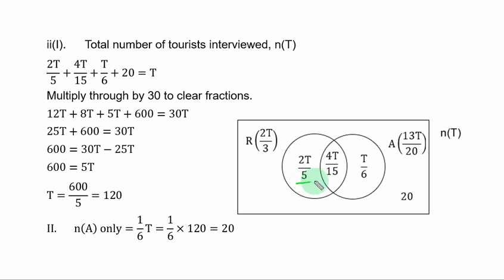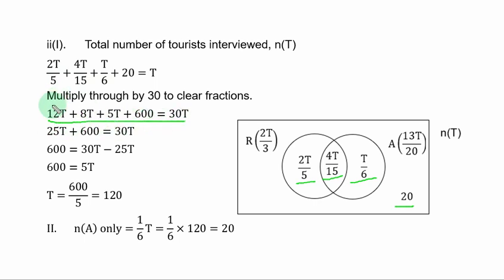That is this plus this plus this plus 20 equal to T. So T is the total number. So multiply through by the LCM of 30 to clear fractions. If you do that, you have this result.